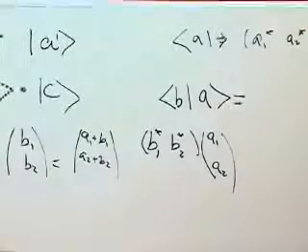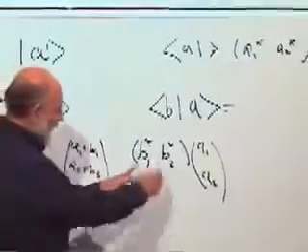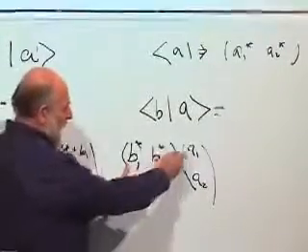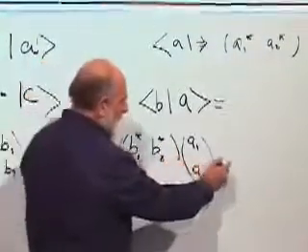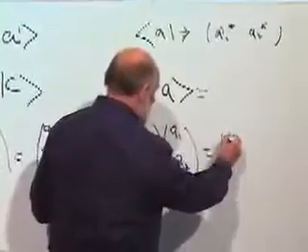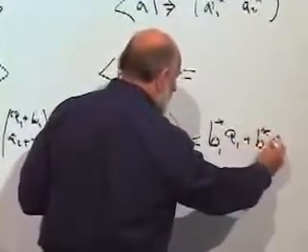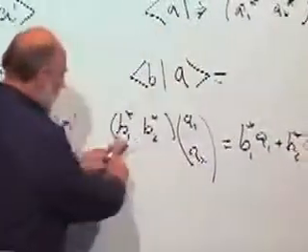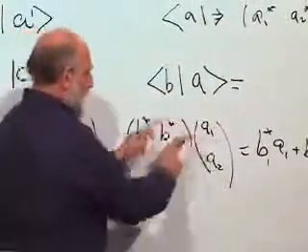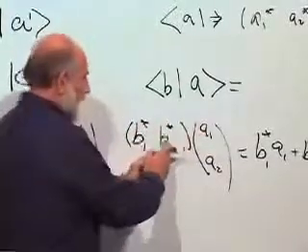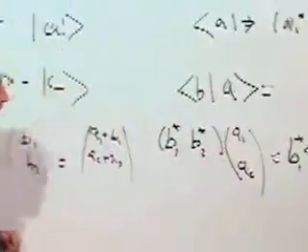And the inner product between them is gotten by multiplying the first component of B with the first component of A, B1 star A1 plus B2 star A2. First entry here with first entry here plus second entry here with second entry here.